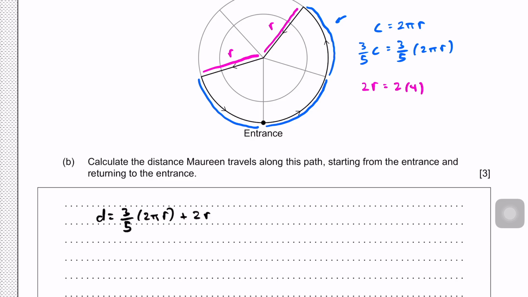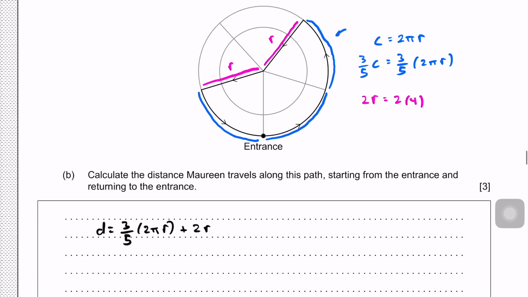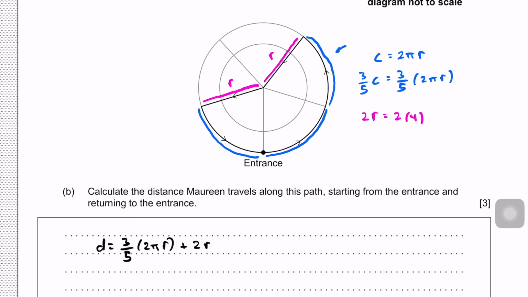So what is r? In this case we're talking about the bigger circle in each of these cases, so r would be equal to the 4 we had above. So I'm going to replace the r with the 4: 2 pi r, and then 2 times 4 once again. Okay, let's go to the calculator and work this out.